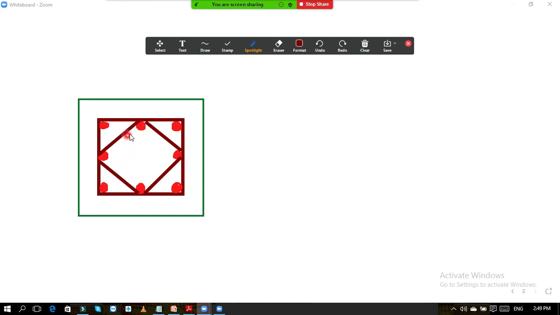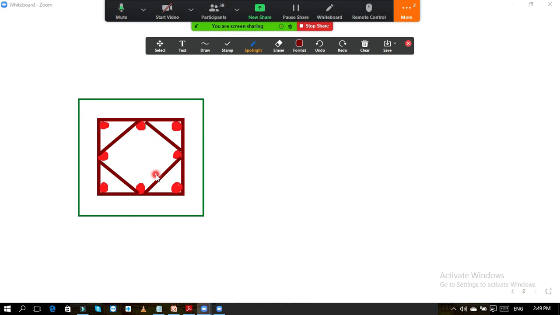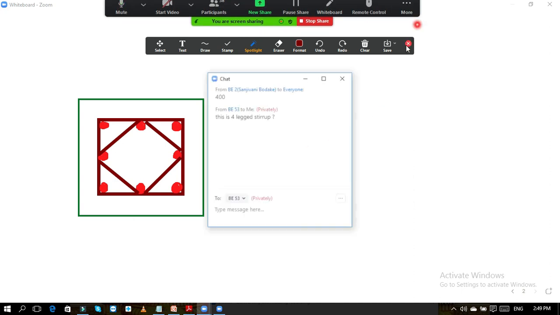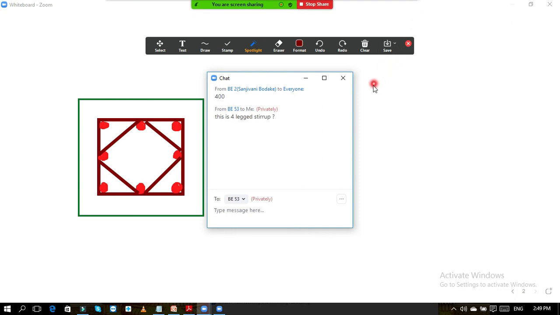But we can provide the links. 8 bars are there now, so we can provide 2 different types of links to hold those 8 heavy bars of 25 mm in position. The bars should not divert from their position. That is another purpose, and that is why it is provided.